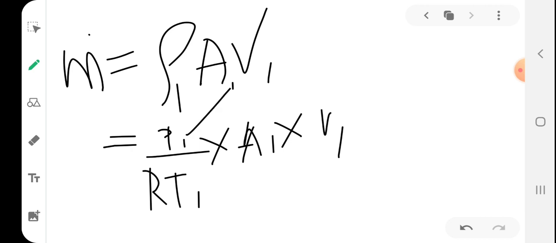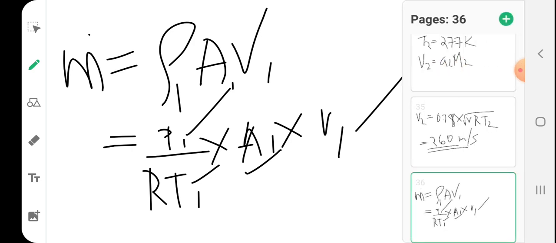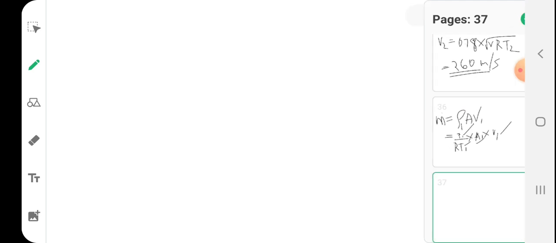P1 is known, T1 is known, A1 is known, V1 is known. While multiplying, you have to ensure that every term is in SI units.